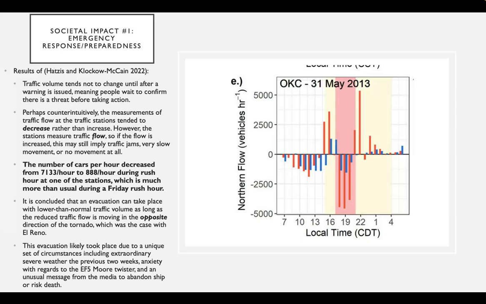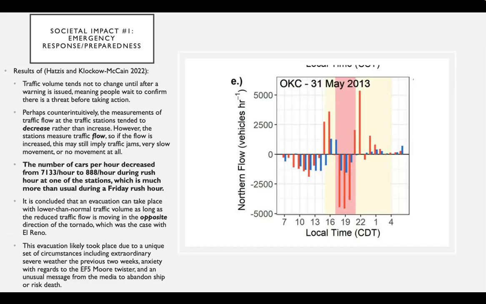I mean, the number of cars per hour decreased from 7,133 per hour to 888 per hour during the rush hour at one of the traffic stations near Oklahoma City, and that's very unusual for that city.